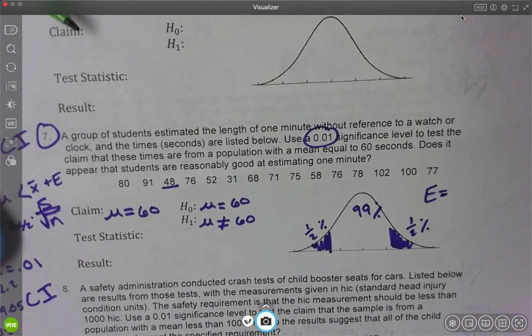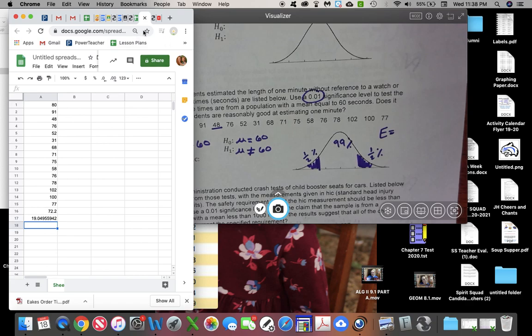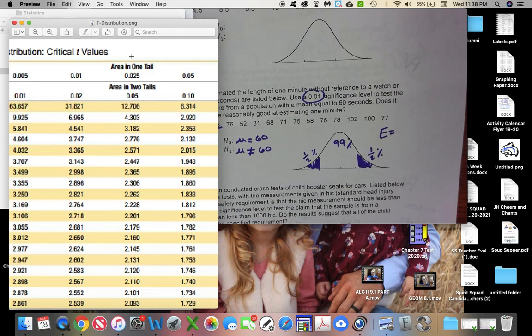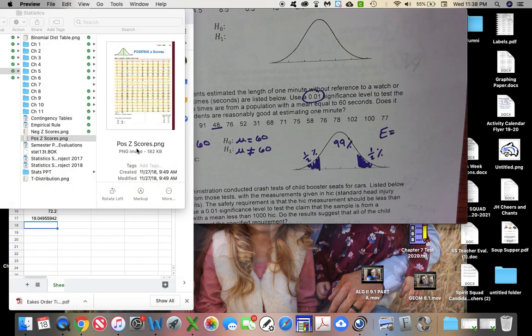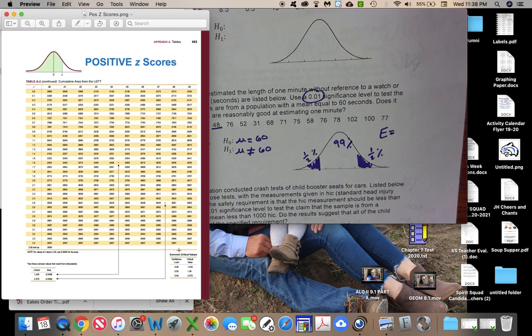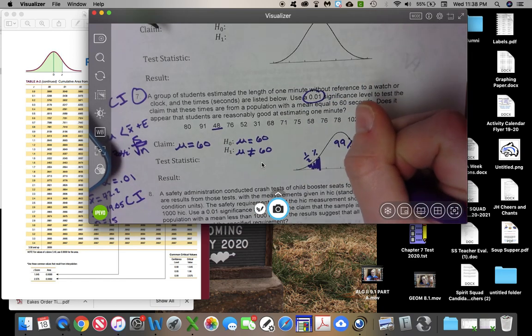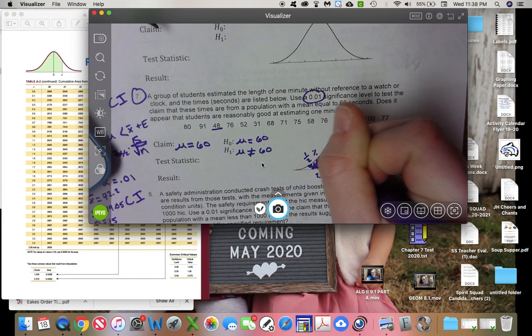So from z, I need to look up what 99% is. Looking at the positive z-score table down here at the bottom, 99%, 2.575, and negative 2.575.